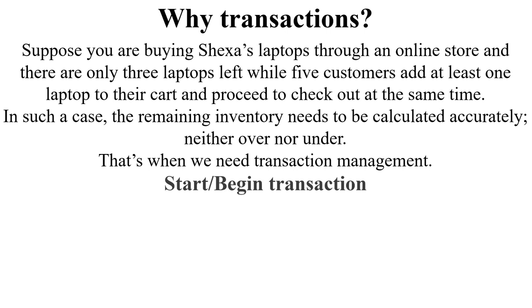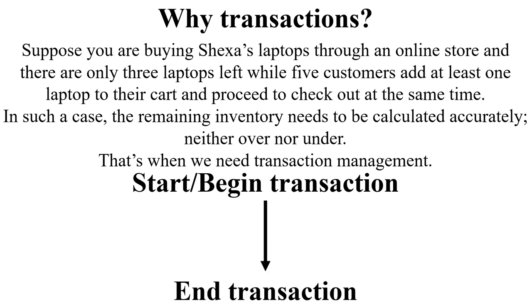So what really happens is your transactions are bundled into one, or they are combined and treated as one item or one transaction. So we start a transaction. Then when we say start, everything that we do just after start is considered to be one transaction. And then we end the transaction.